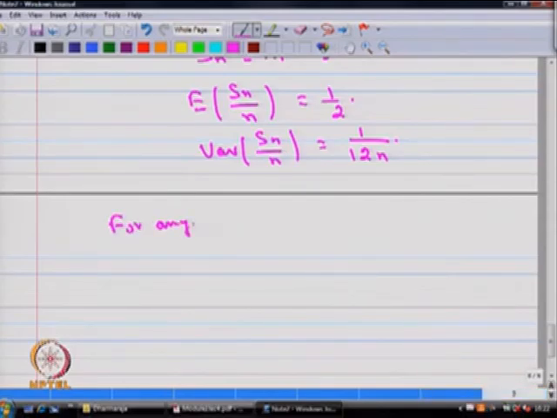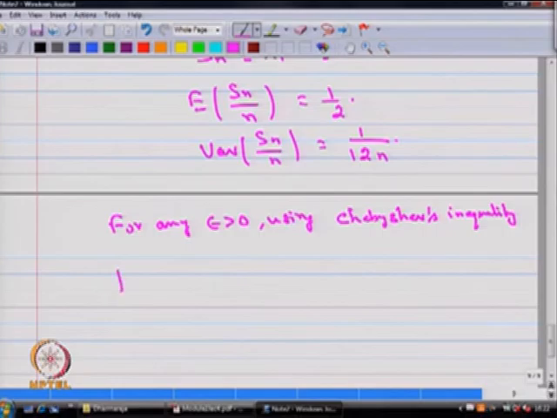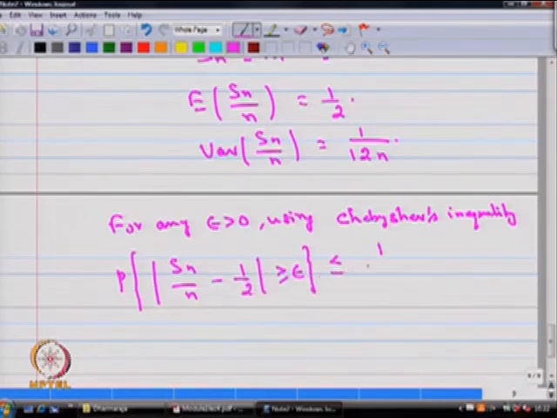For any epsilon greater than 0, using Chebyshev inequality, one can conclude the probability of absolute value of S_n by n minus 1 by 2 greater than or equal to epsilon is less than or equal to 1 divided by 12 n epsilon square.